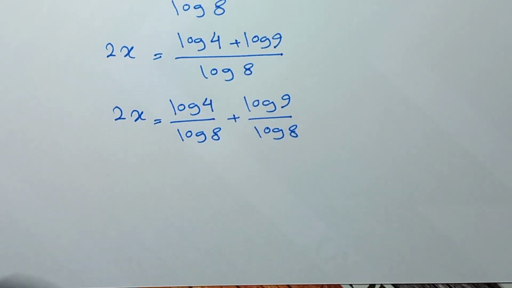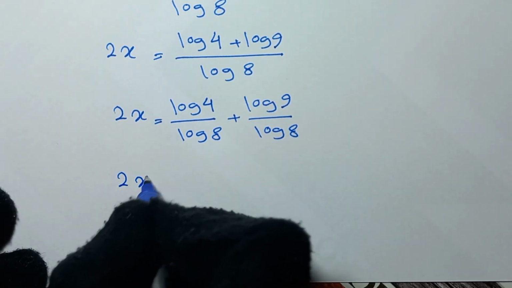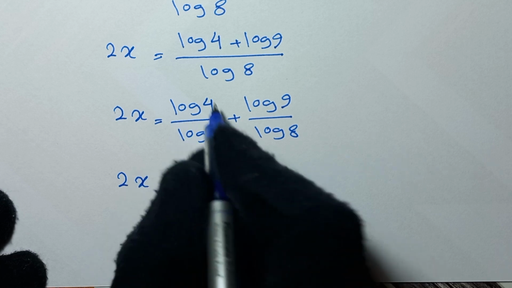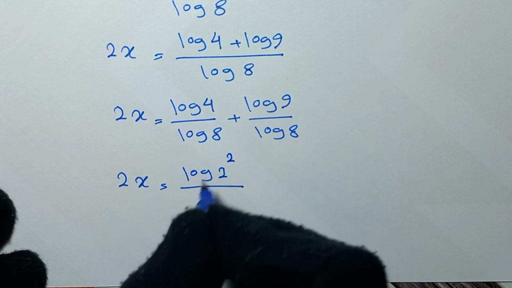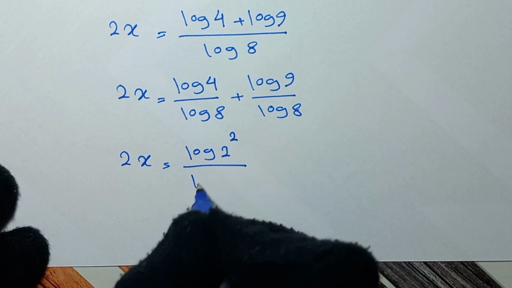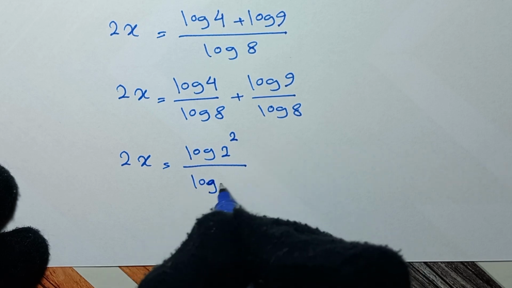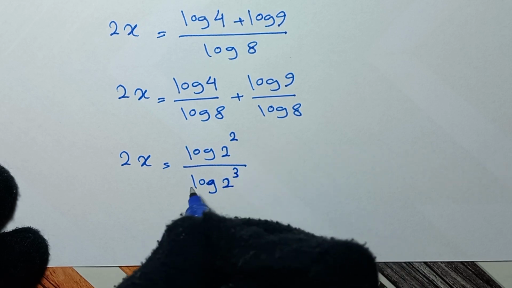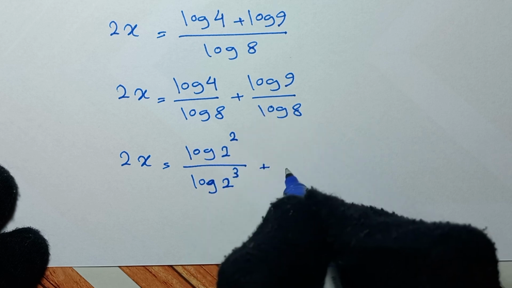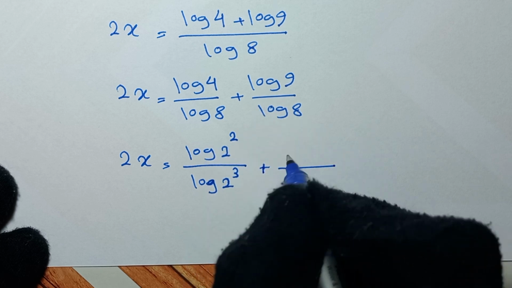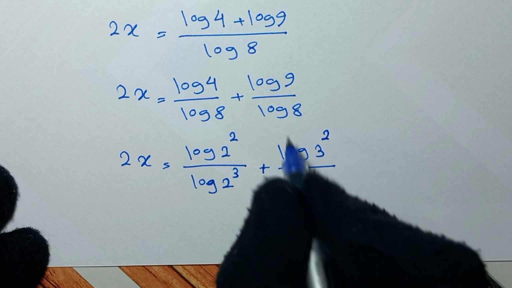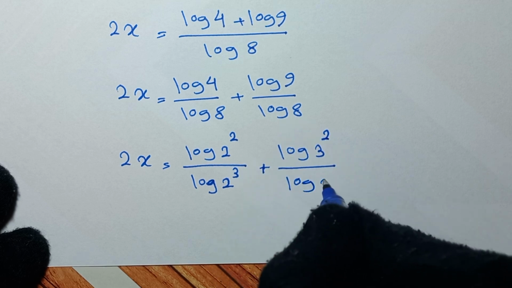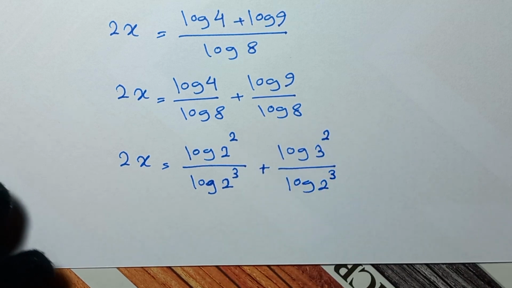So in the next step, 2x is equal to log 4. We can write 4 as 2 to the power of 2, and for the denominator log 8, we can write 8 as 2 to the power of 3, right? Also for this fraction, we have log 9, so we can write 9 as 3 to the power of 2, and log 8, log 2 to the power of 3.